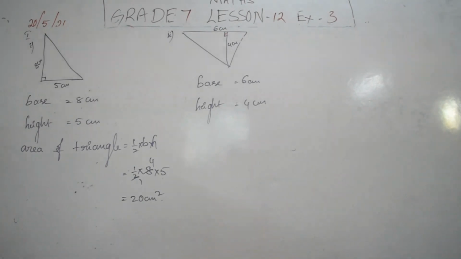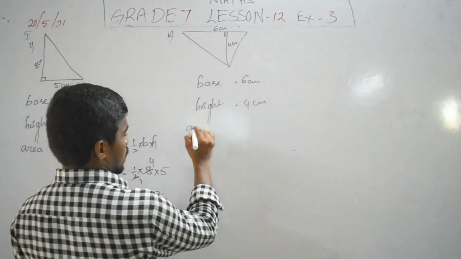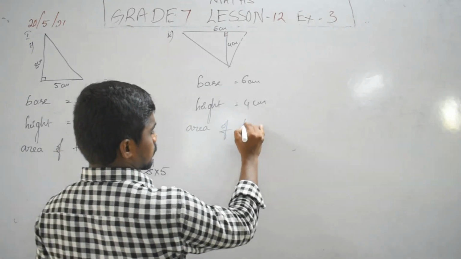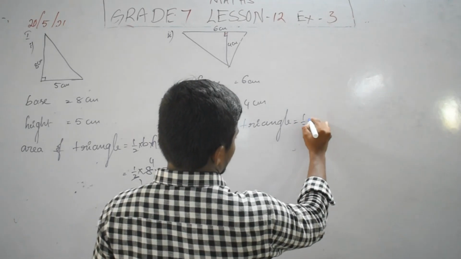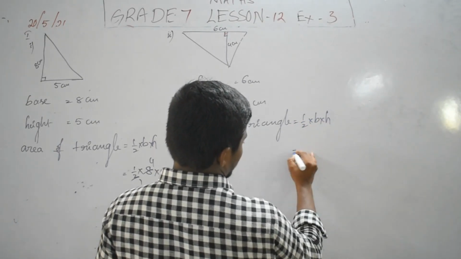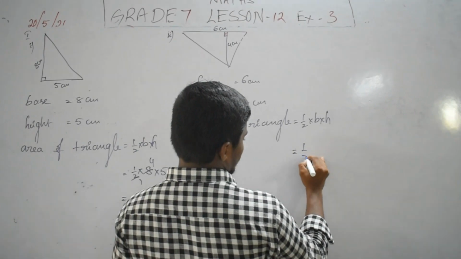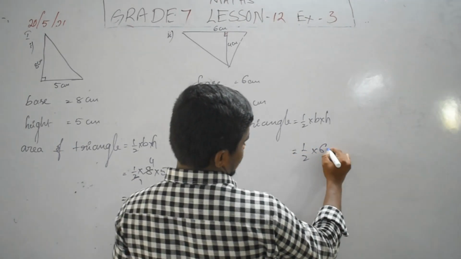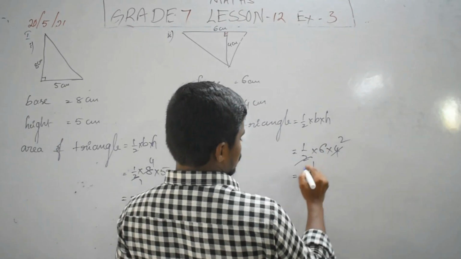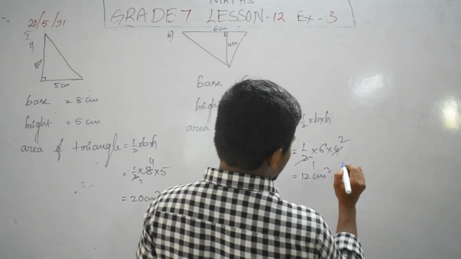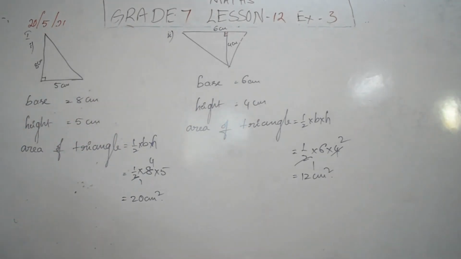So area of the triangle equals half cross base cross height. Half cross base 6 cross height 4. 2 1s are 2, 2 2s are 4, 2 6s are 12 centimeters square. So we are using this formula. The remaining 2 problems you write. That is homework.